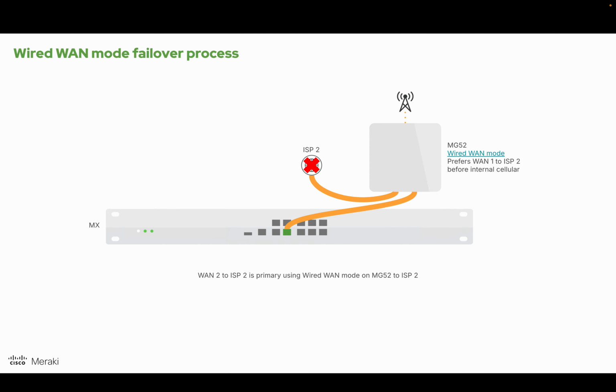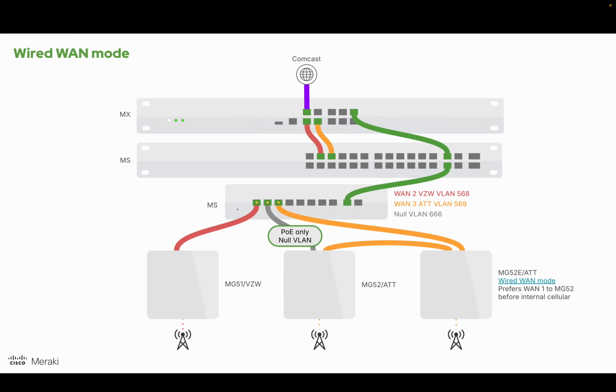If that WAN connection fails, then the MG using the wired WAN mode will fail over to its cellular connection. So in this case, I have three-way carrier resiliency while just using 2 physical ports of the MX.